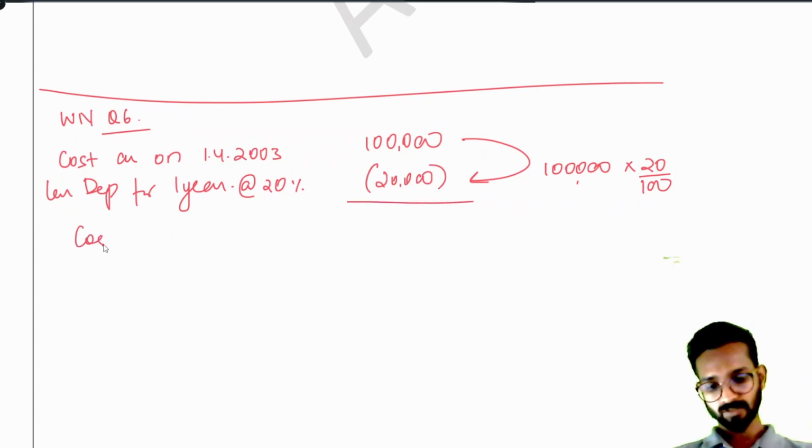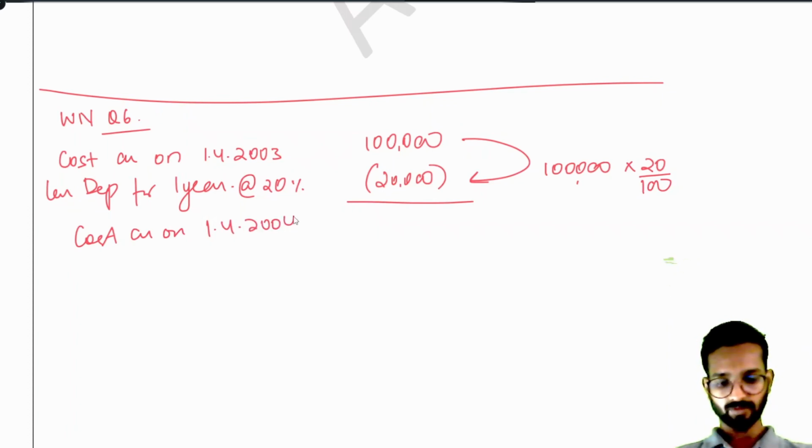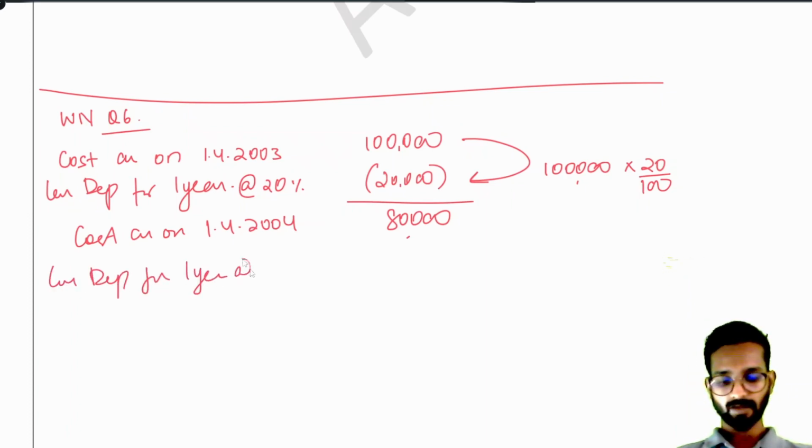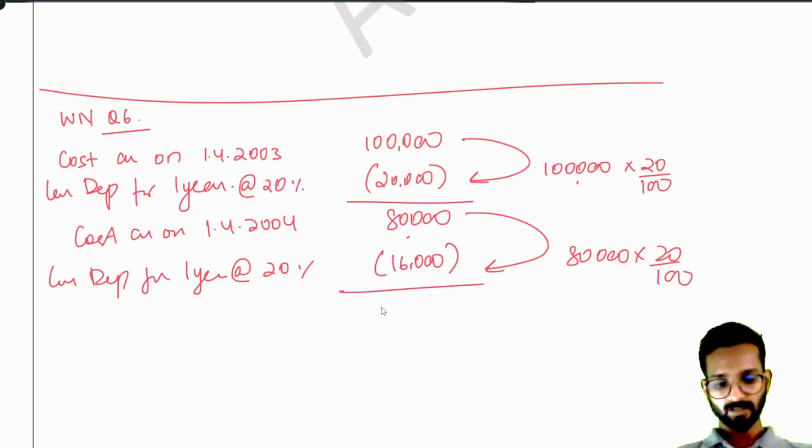So the cost as on 1/4/2004 will appear 80,000. Simple. Now after 1/4/2004, less depreciation for 1 year at 20%. So 20% of 80,000 will be 16,000. It will appear to be 64,000.